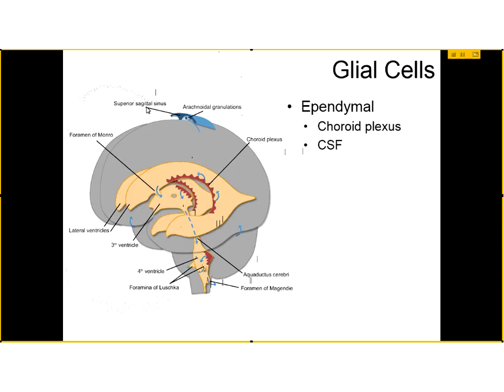So again, these glial cells, the ependymal glial cells, secrete cerebrospinal fluid, and they line the ventricles for that process of secreting cerebrospinal fluid.